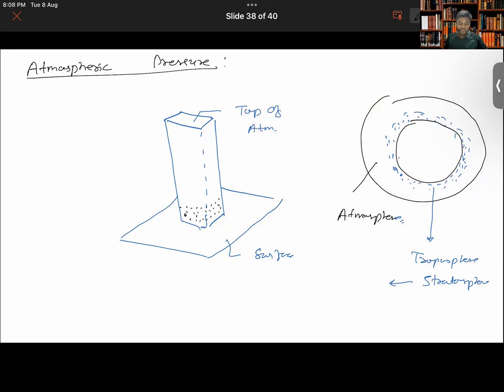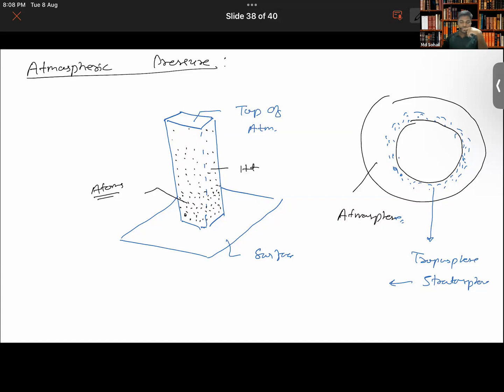The atoms are densely spread. These are atoms. They are dense. As you rise above in height in the atmosphere, as the elevation increases, lesser amount of atoms, or gaseous molecules, are found here. See here how the concentration is changing. Getting it, guys?